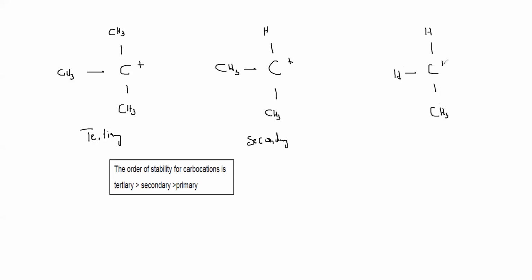So here we have 1 alkyl group, this one we were having 2 alkyl groups, and the first one, the tertiary, we were having 3 alkyl groups. So when 1 carbon chain is attached, that's known as a primary.